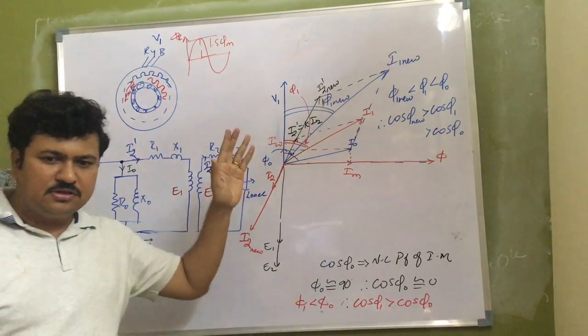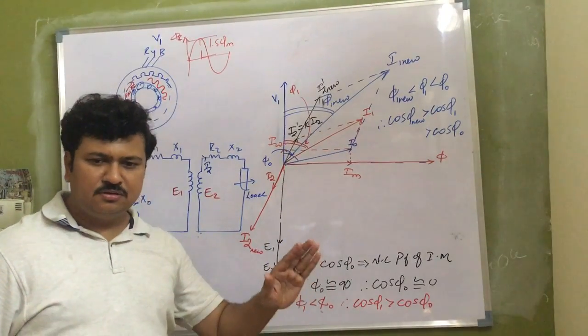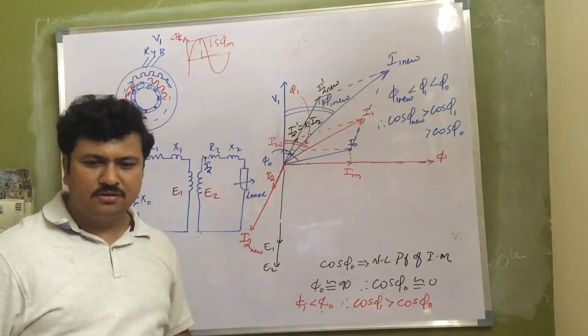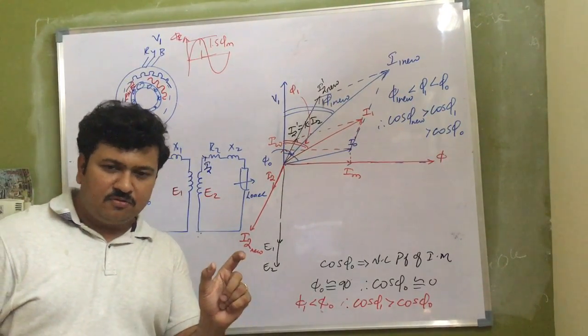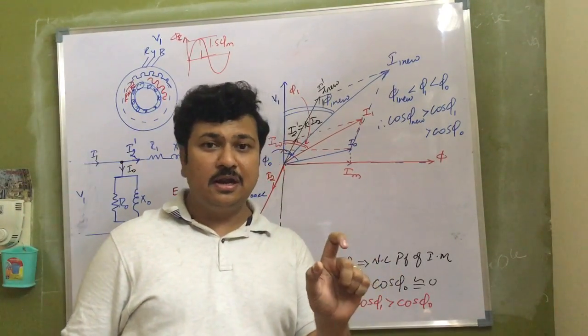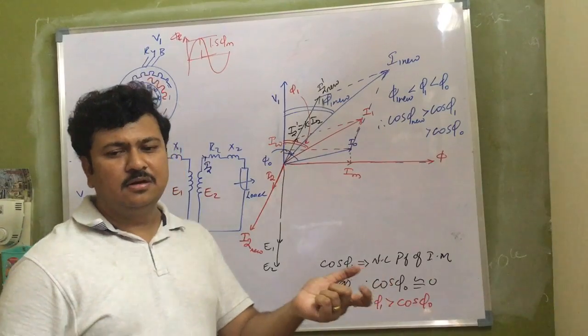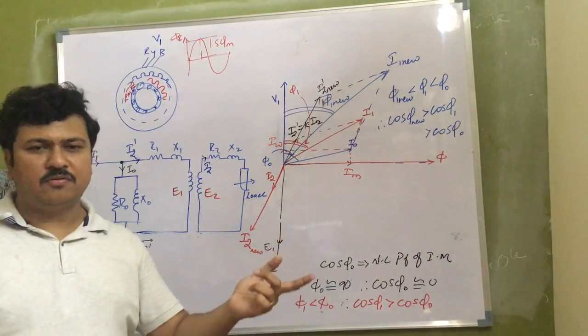The primary current, which is not no load anymore, it is no load plus some load current, will yield a phase angle between supply voltage and the primary current a little bit lesser than the no load phase angle. Power factor will be more than the no load power factor.